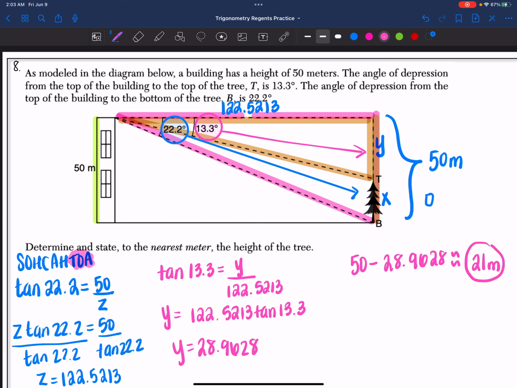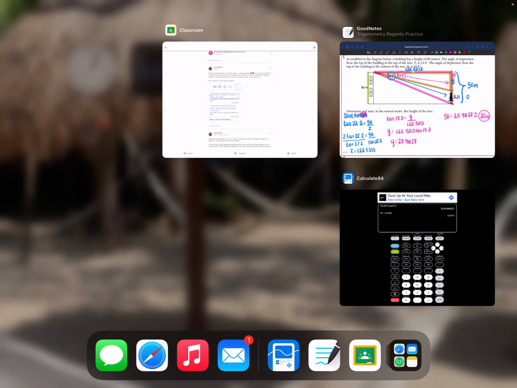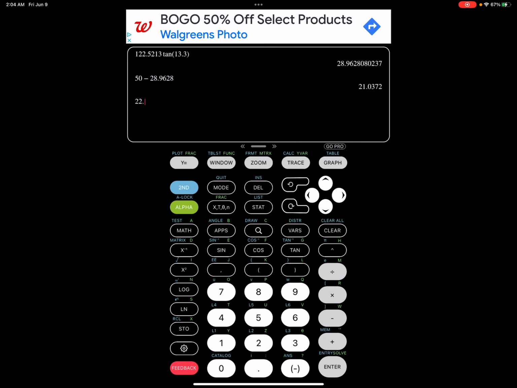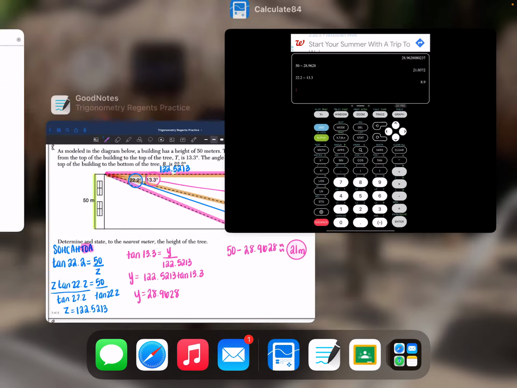And that looks about right. This looks about 28, this looks about 21, especially since this angle is 13 degrees and this angle is 22 degrees. If I take 22.2 and subtract 13.3, I get 8.9.